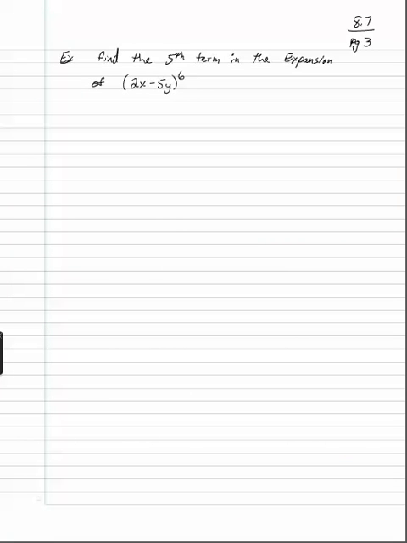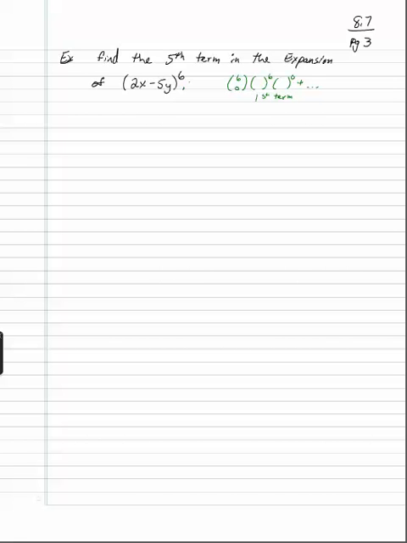It says find the 5th term in the expansion of 2x minus 5y to the 6th power. So now the first thing is, remember, we're going to have 6 choose 0 as the first term.